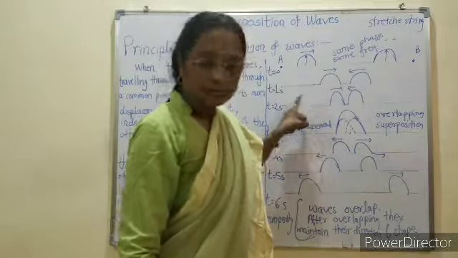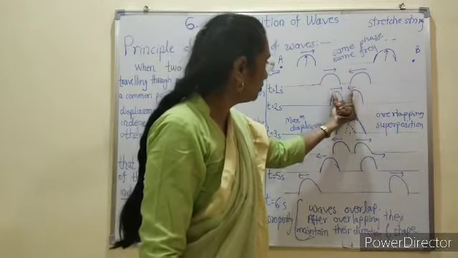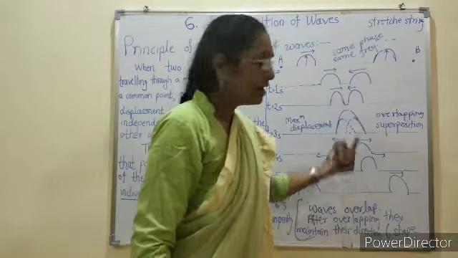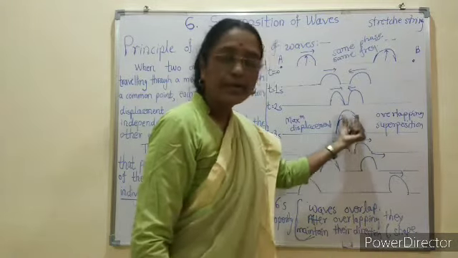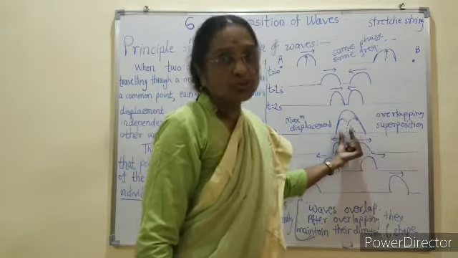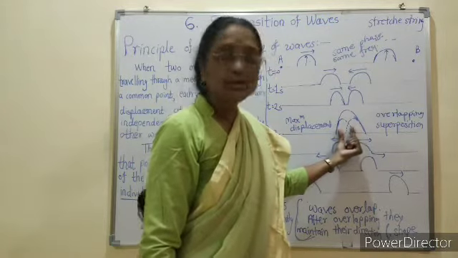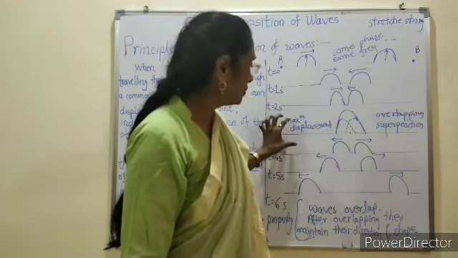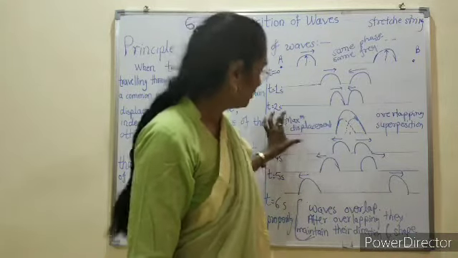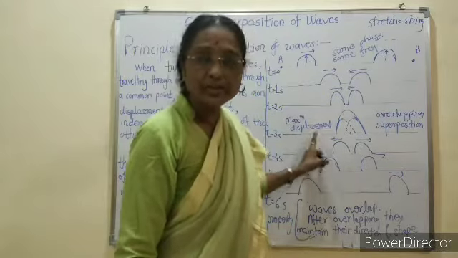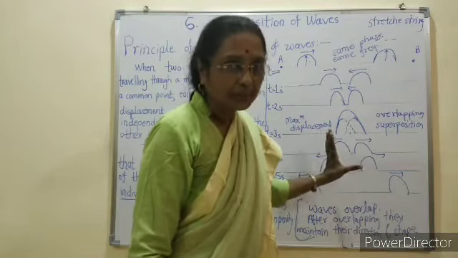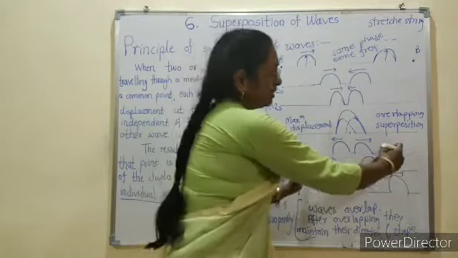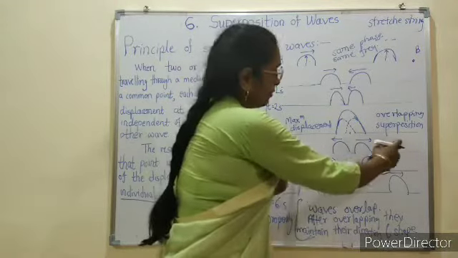Now in the third figure they just crossed each other, and in the fourth figure they have superposed each other. There is overlapping of the two waves, and the effect is addition of displacement. Therefore we observe a maximum displacement. And after overlapping, they separate or go away from each other.